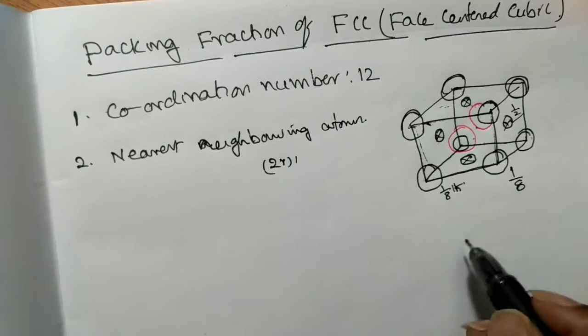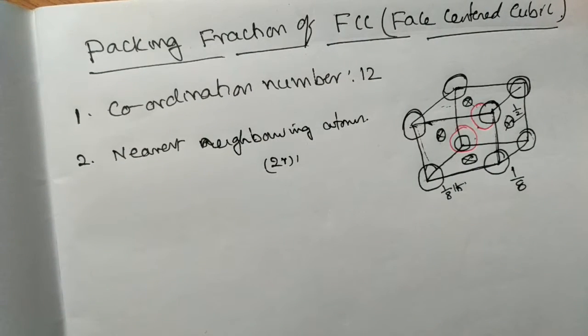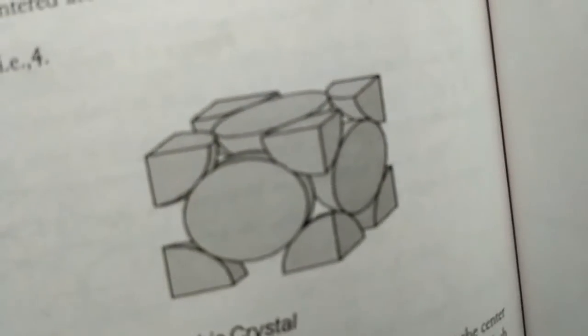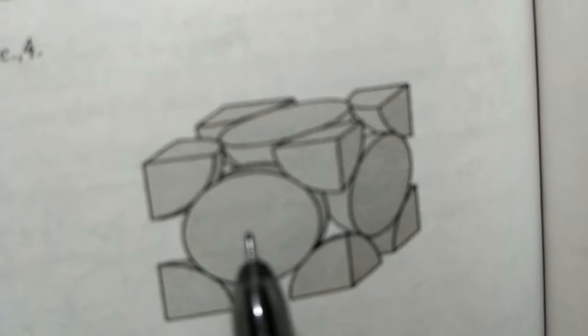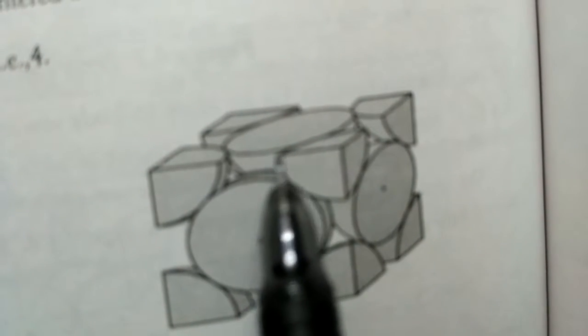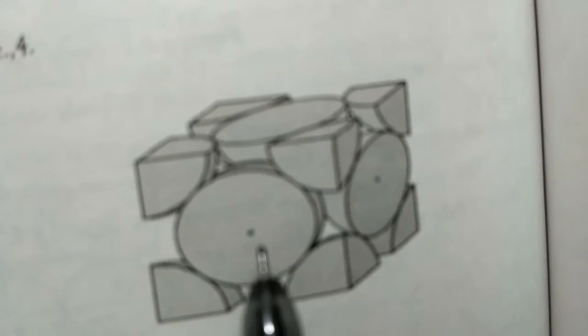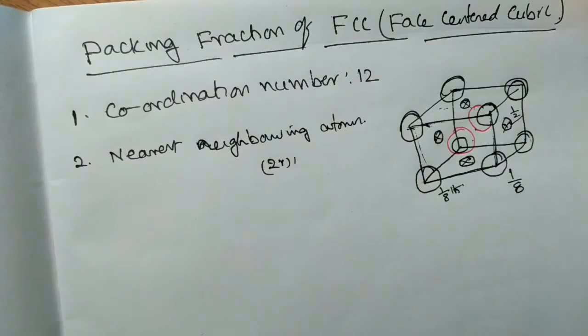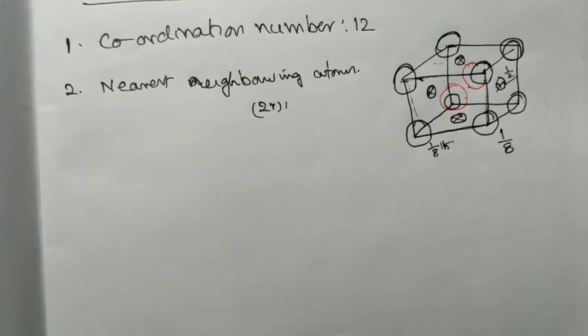So again we have to consider a linear chain. This is the actual picture here: 1 2 3 4 corner atoms with 1 by 8th part, which is 50%. Each face contains one more atom here. This is the actual diagram, and we have to draw one more diagram to calculate.